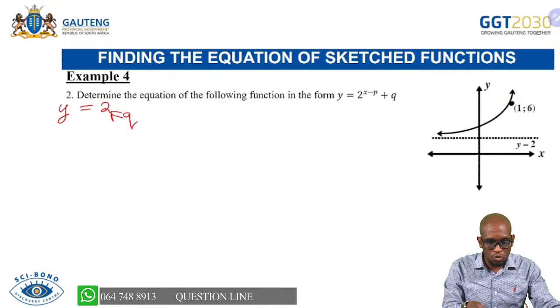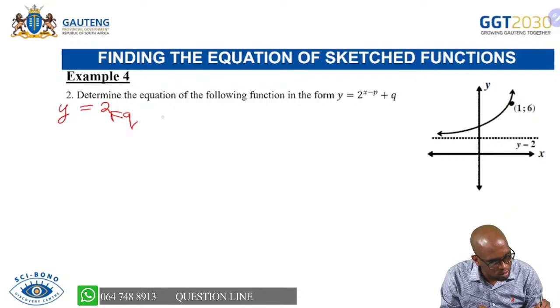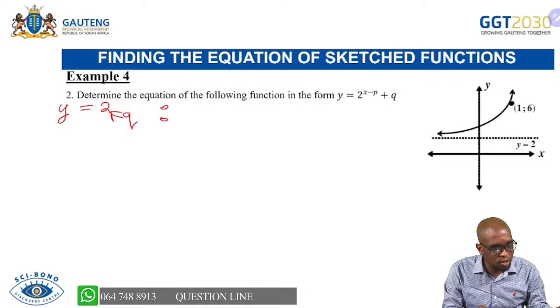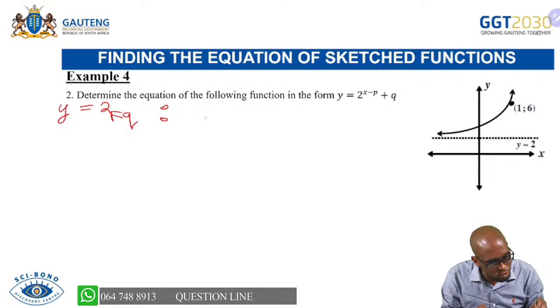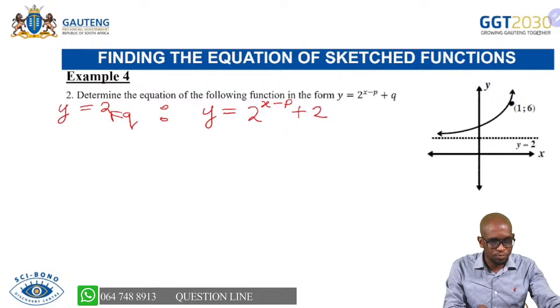So we go to our standard equation, and where we see q, we put 2. So this is y equals 2 to the exponent of (x minus p) plus 2.